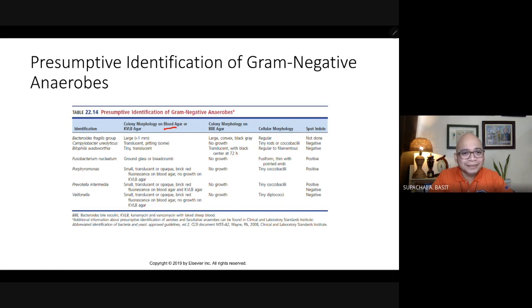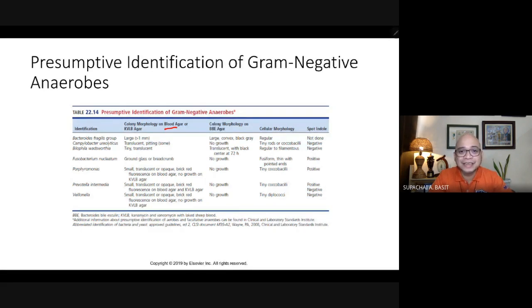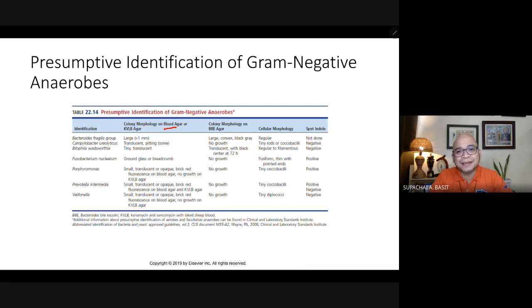For Campylobacter urolithicus, they would have translucent and pitting colonies in BAP or KVLB agar. KVLB stands for kanamycin, vancomycin, laked blood. But they cannot grow in BBE, and it is characterized by tiny rods, cocobacilli, and it's negative in spot indole.